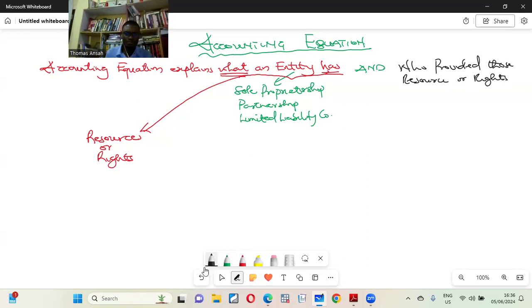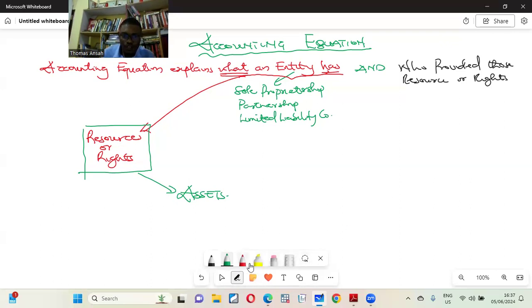The resources an entity has, these resources are what we call assets. Anything the entity has in terms of resources or rights is called an asset.